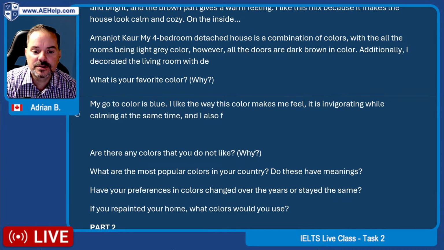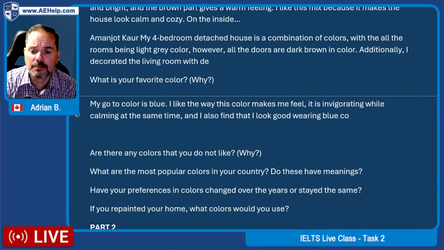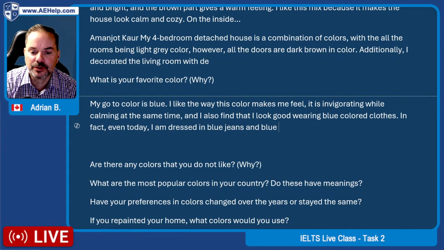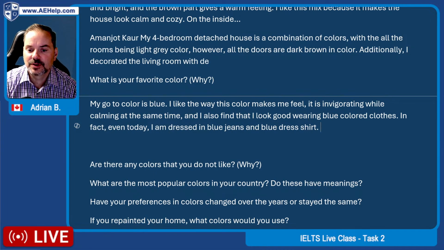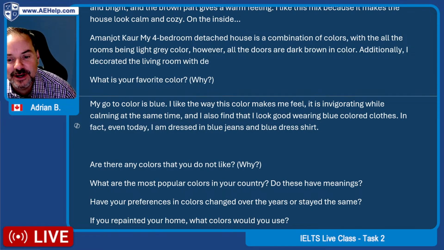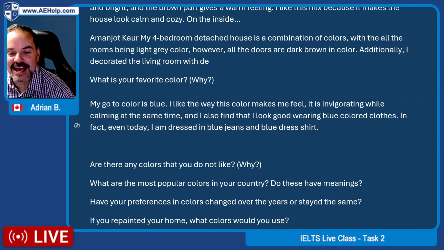And I also find that I look good wearing blue colored clothes. In fact, even today, I am dressed in blue jeans and a blue dress shirt. Okay, which is not true. I'm wearing a purple checkered shirt, but maybe for the exam I am.